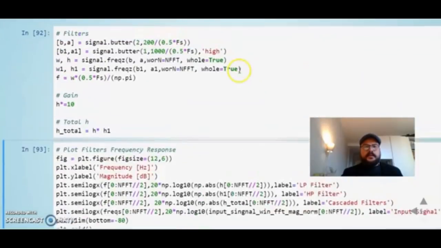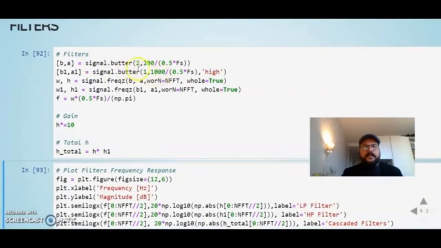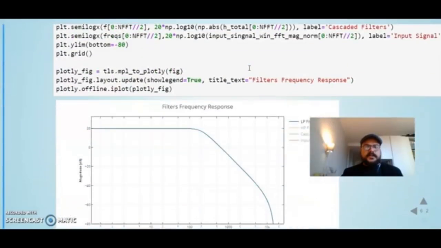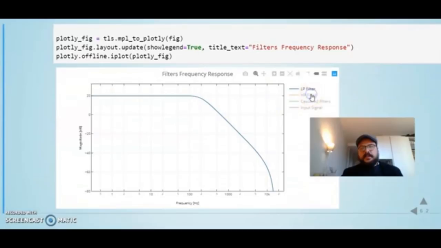Then I'm also designing a high pass Butterworth filter of first order with a cutoff frequency of 1000 Hz, or 1 kHz. This filter has no gain, so it should be 0 dB in the log scale.